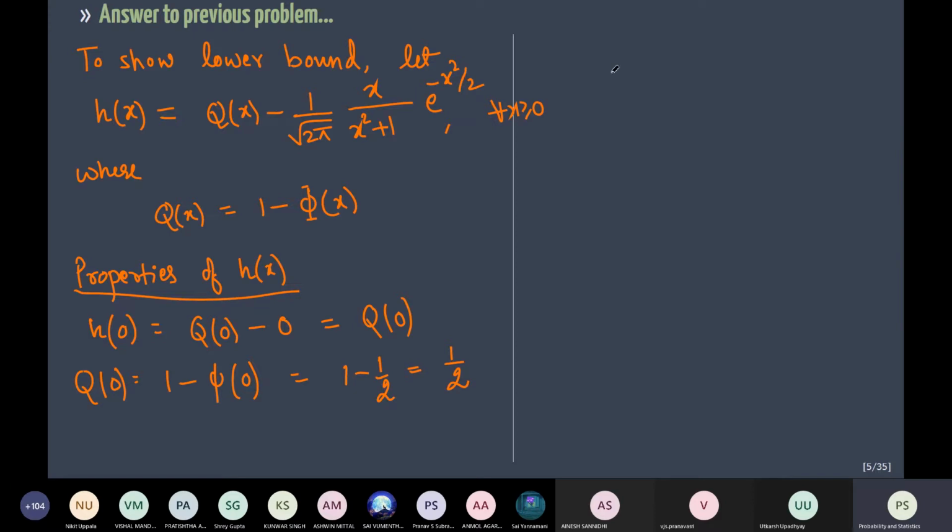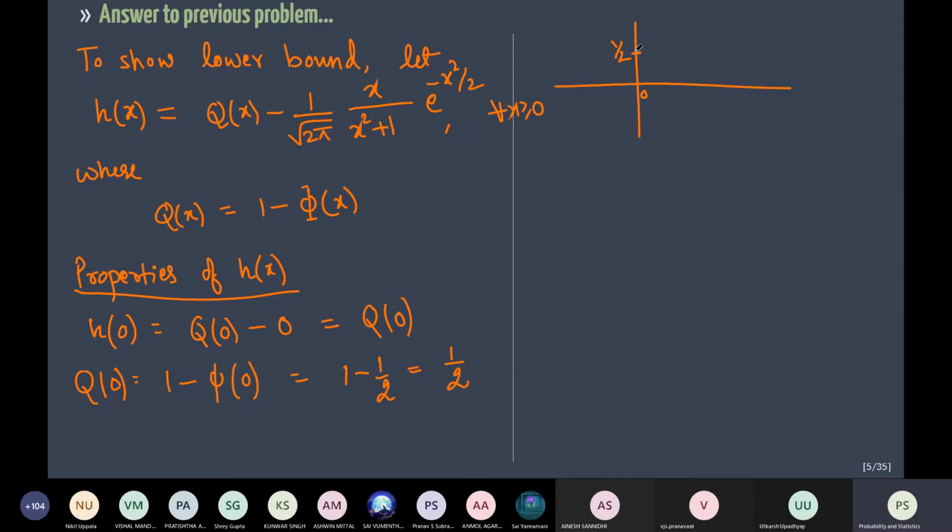If you draw the axis, then at 0 you have proved that h of 0 is, let us say, half. And then we have to prove that somehow this h(x) function remains above. What are the ideas from calculus you can try to invoke here?